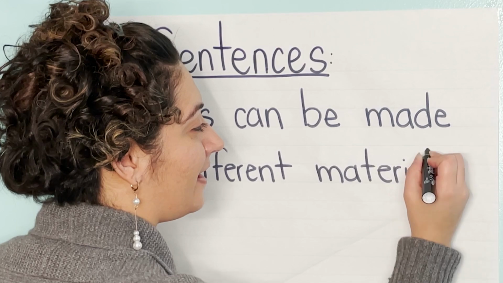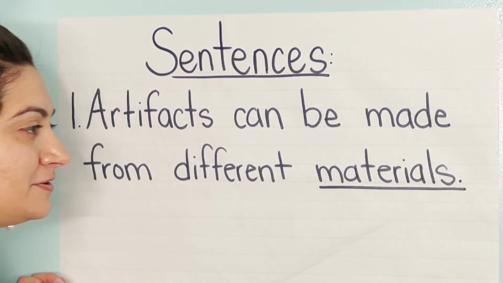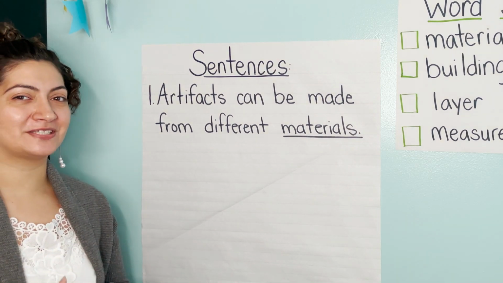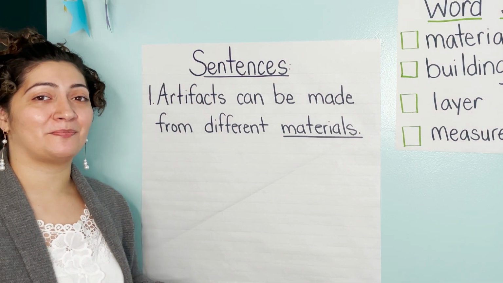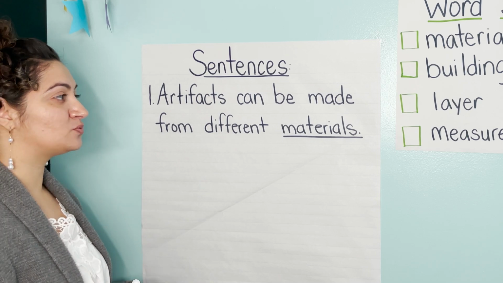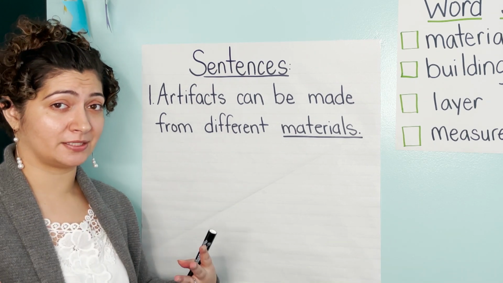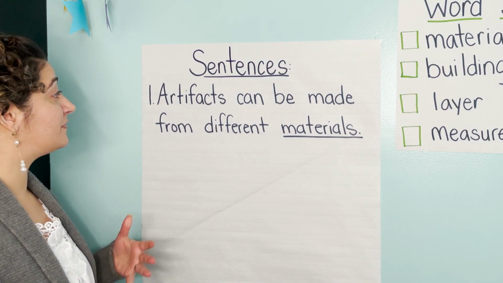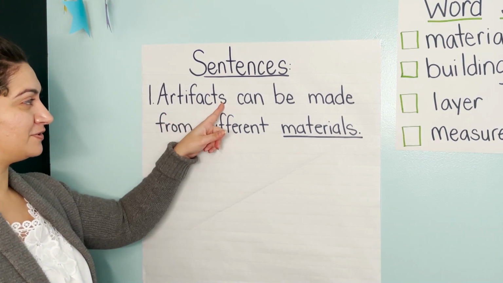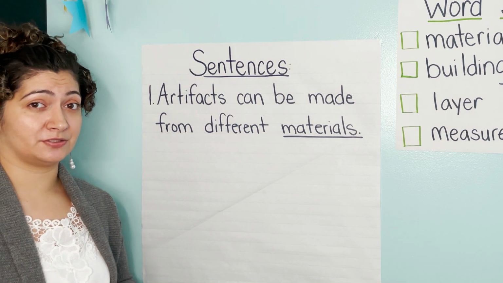So as you notice, here's our word, materials. As you notice, our theme is going to be about archaeology. So when I make up my sentences with these words, I'm going to theme them around the theme of archaeology. So in archaeology, you could find artifacts, also plural, and those artifacts could be made out of different materials, right?